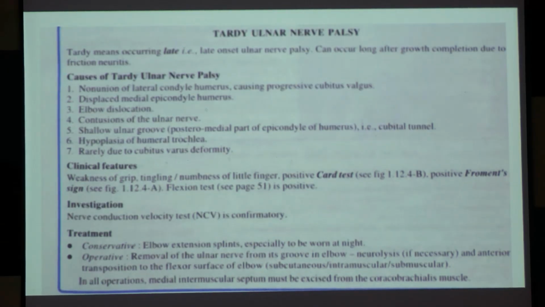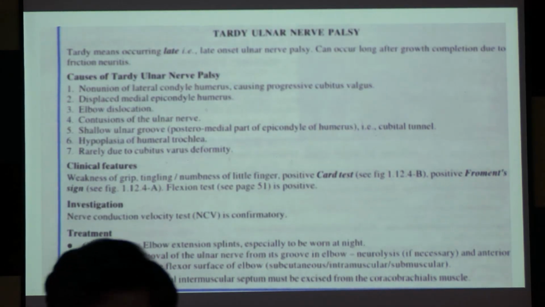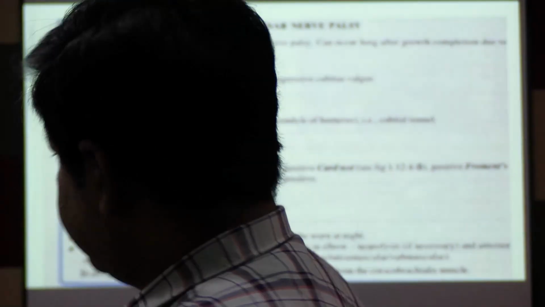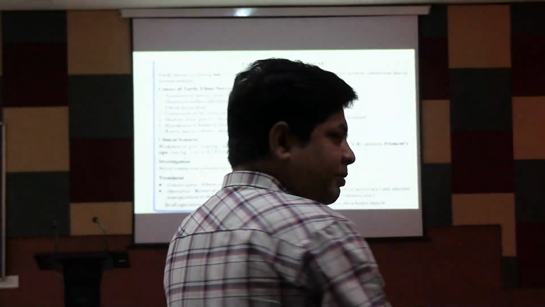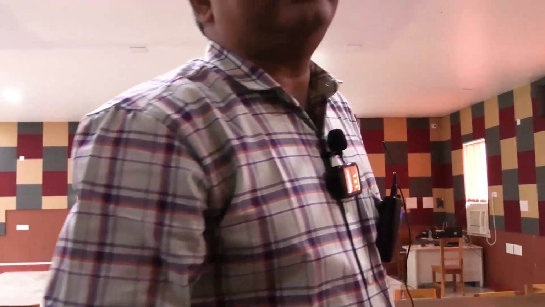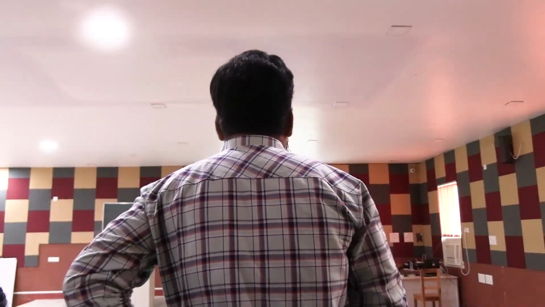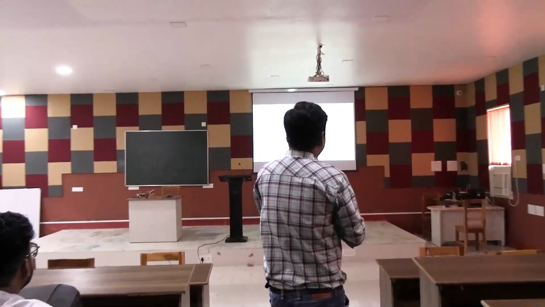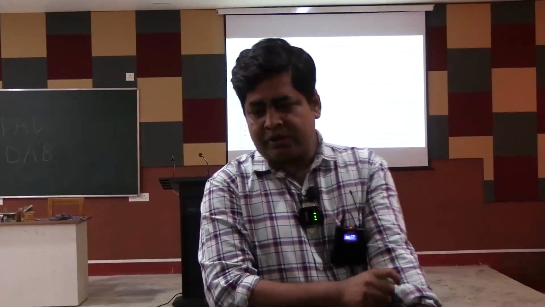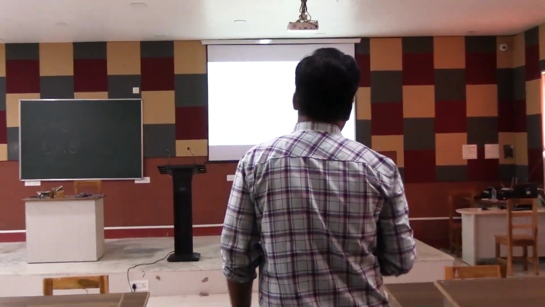Write this in the exam and you will get full marks. Tardy means late, not an acute condition but a late condition. So you have to mention tardy ulnar palsy in late condition. It is most common in cubitus valgus, though it may occur in cubitus varus too. Read it at home.